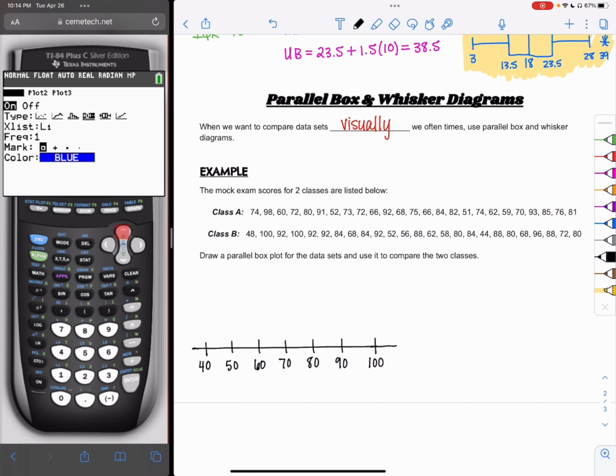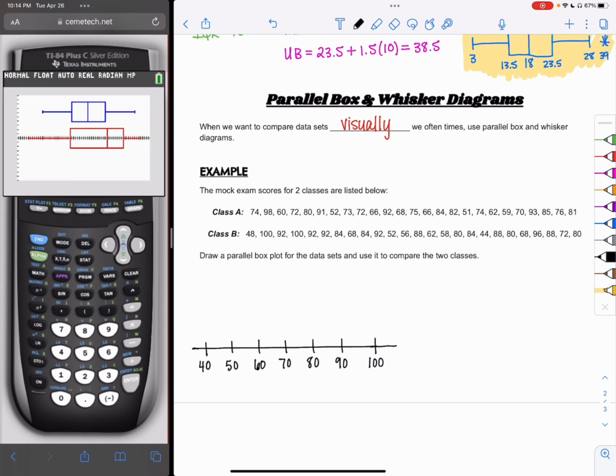Then I scroll over to plot 2, highlight it, and turn it on. I also want it to be a box and whisker plot that can show outliers, and plot 2 is going to come from L2, so I changed that from L1 to L2. Then I press zoom 9 for zoom stat, and I can see both of my box and whisker plots there, so I can estimate where everything is.